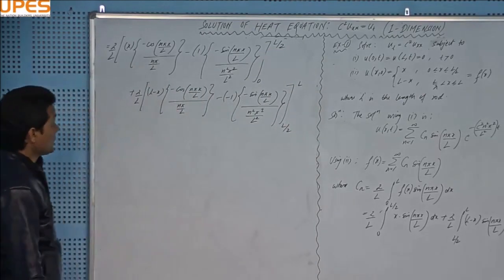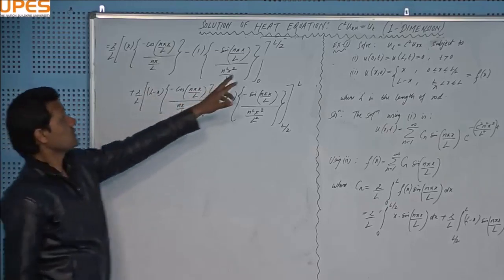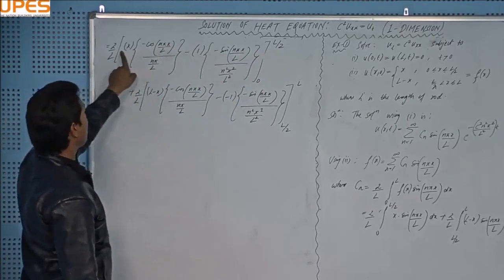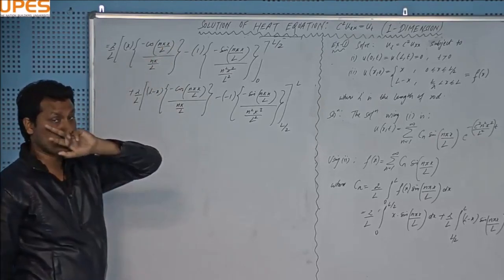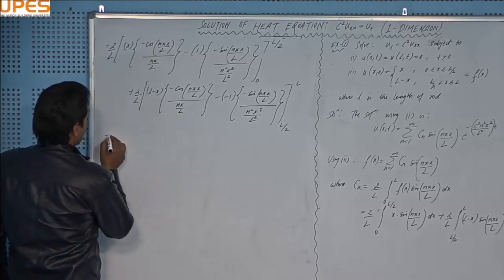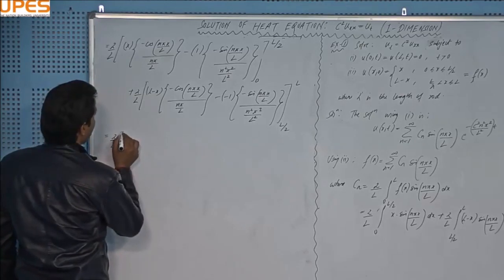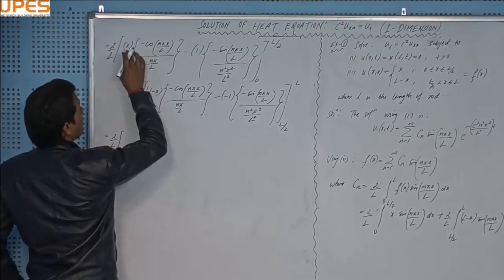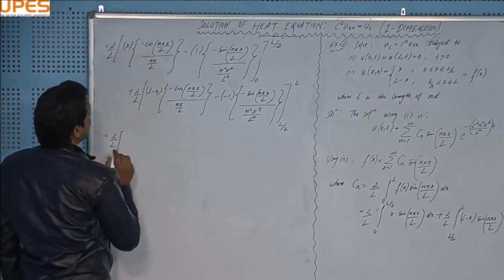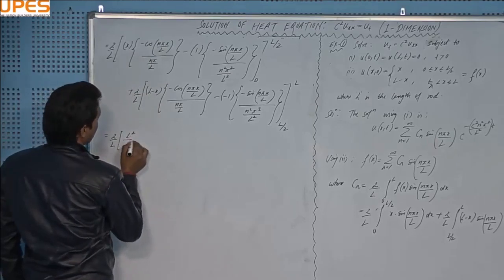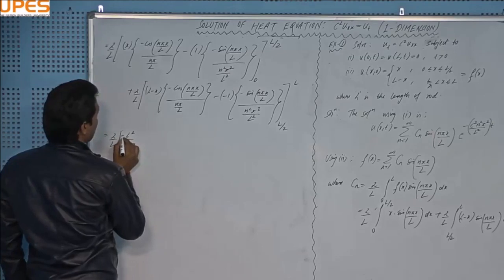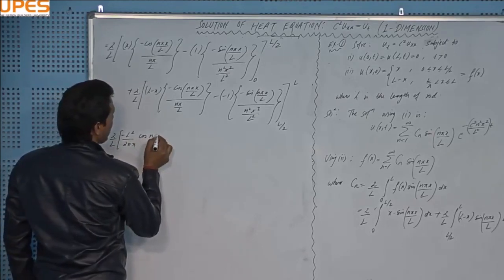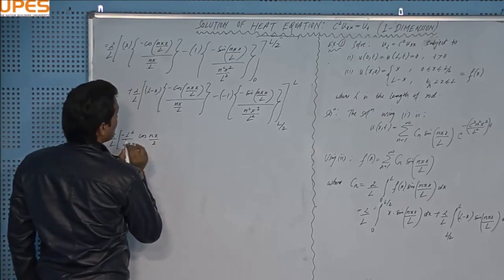And if you put the upper limit, there is L by 2, here will be L by 2, and here L will be cancelled, n pi by 2, cos of n pi by 2, twice 2 by L, and here I will have L by 2, and L times L will become L square over 2 n pi, and minus sign will appear here, cos(n pi by 2).